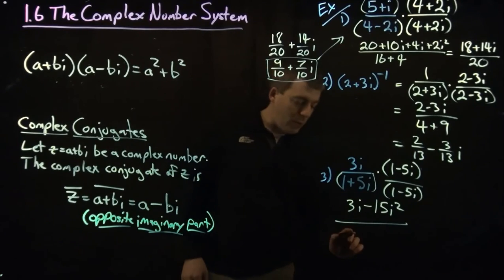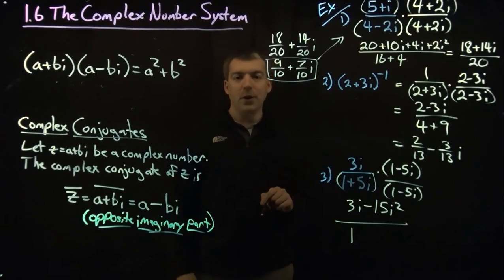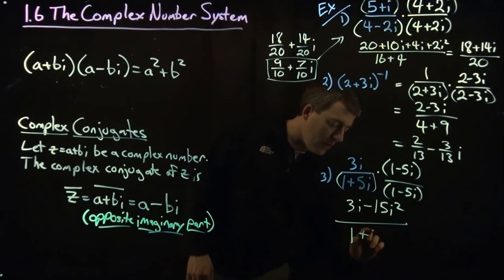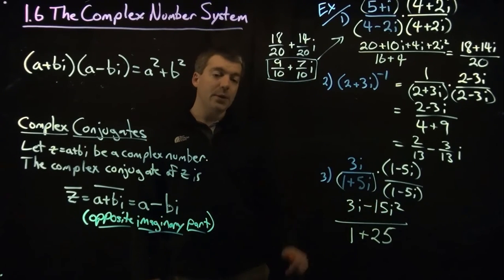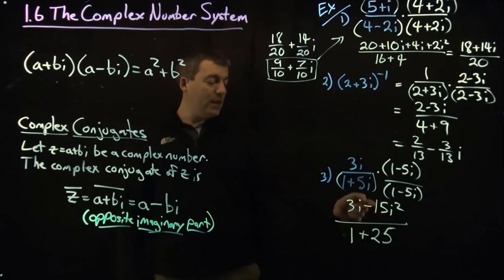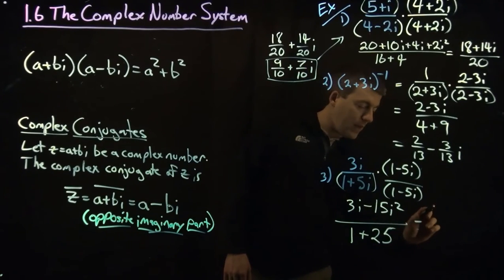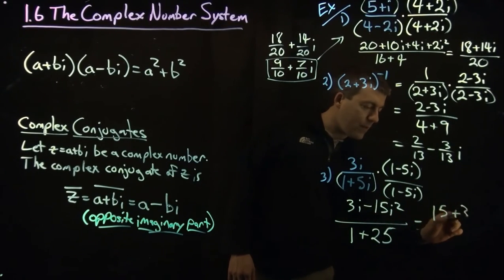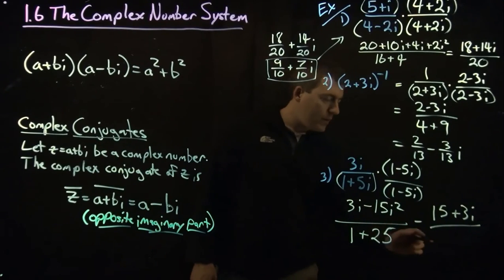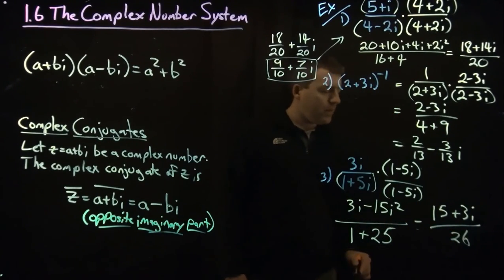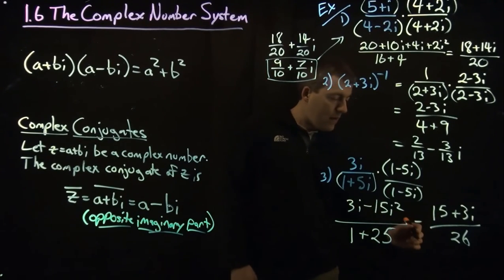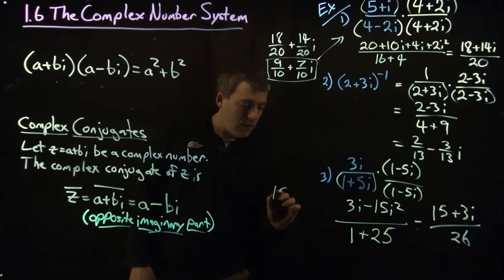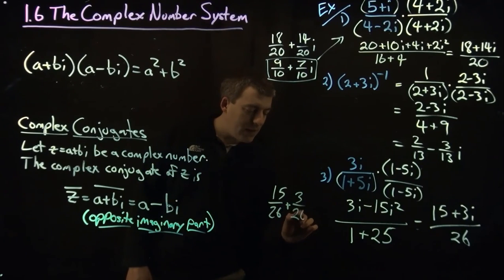So the real part is 1, 1 squared is 1. The imaginary part is 5, so plus 5 squared is 25. We know i squared is -1, so that's really plus 15. So we have 15 plus 3i over 26. And then we can write that as 15 over 26 plus 3 over 26 i.